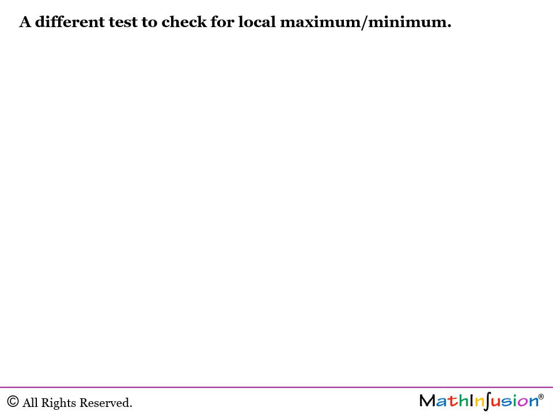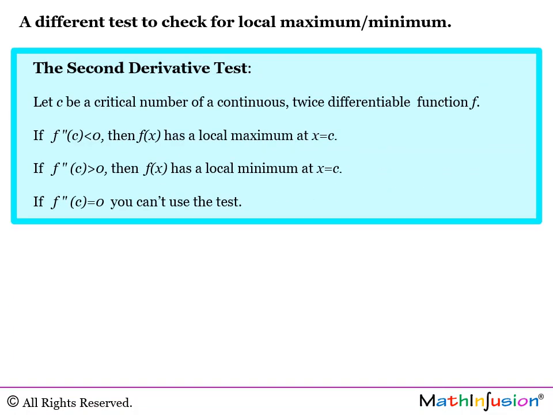There is also another test, a different one, to check for local maximum or minimum. It is the second derivative test. Let c be a critical number of a continuous, twice differentiable function f. If the second derivative is negative when x equals c, then the function has a local maximum at x equals c.